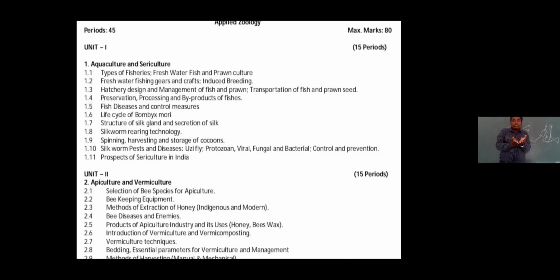So within a short span of time, the fish produce more eggs in the female, and in the male they produce more sperm. A huge amount of spawn and a huge amount of milt will be obtained.